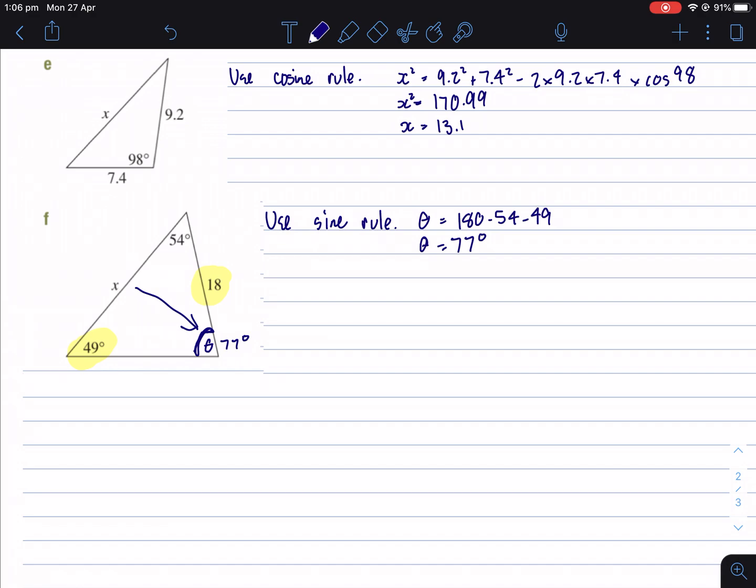So now we can do x over sine 77 equals 18 over sine 49. So x equals 18 sine 77 over sine 49. So x is 23.2. And that's question 1. Just keep following the flowchart and you'll be fine.